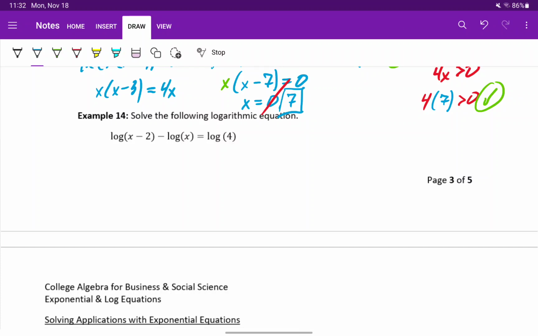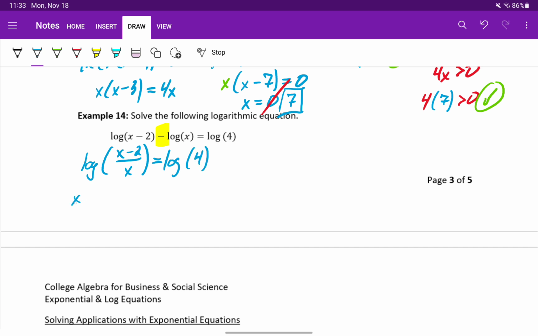In example 14, now we have two log statements on the left-hand side that are being subtracted from each other. We can condense those together using division to get the log base 10 of x minus 2 over x is equal to the log base 10 of 4.